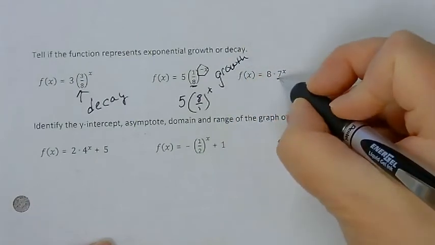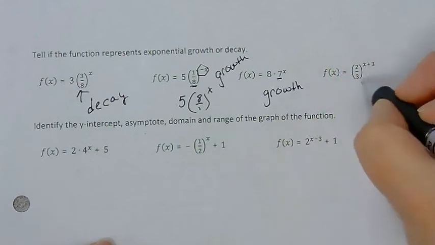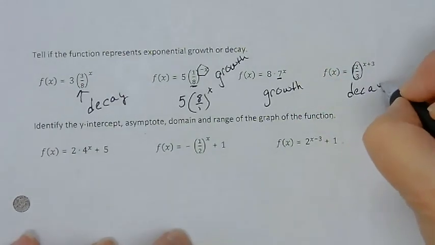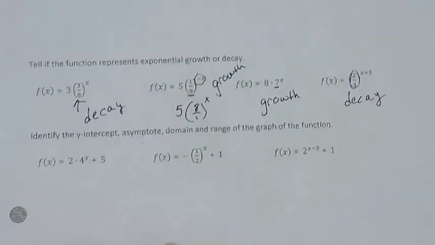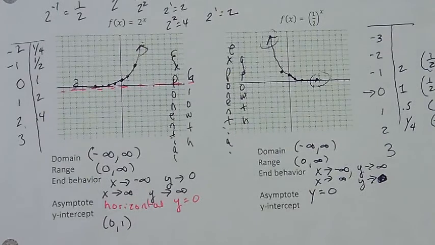This one is 7, it's bigger than 1, so it's growth. And this one is a fraction between 0 and 1, so it would be decay. So these are kind of going to be the examples that we'll look at and really base all the other equations off of that. We'll shift.